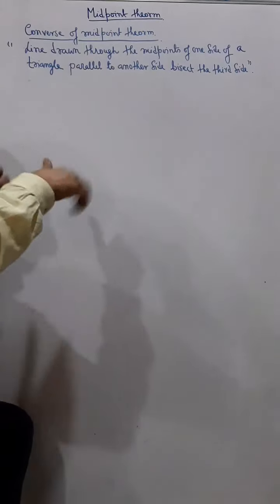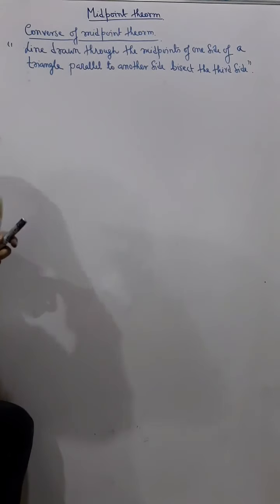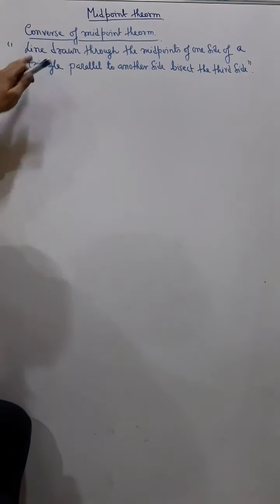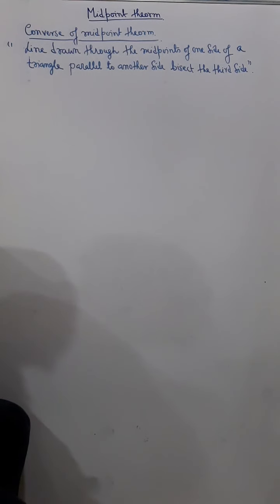Now the converse of the midpoint theorem, you can say it is just the reverse of the midpoint theorem. Now it states that the line drawn through the midpoint of one side of a triangle parallel to another side bisects the third side.